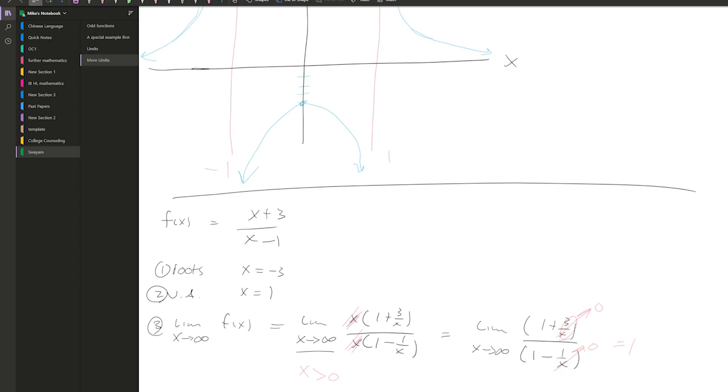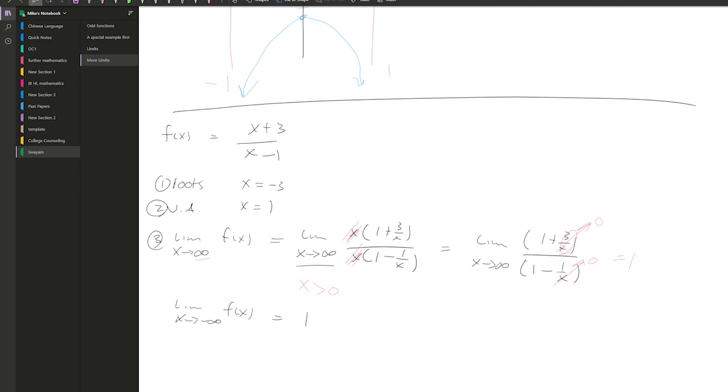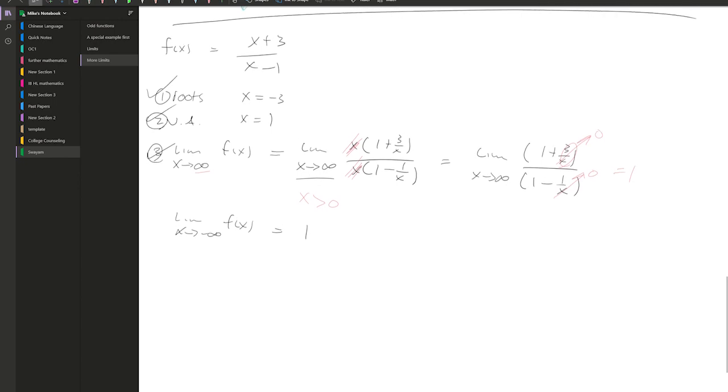Okay, so I have a horizontal asymptote of 1 when I go to infinity, and now I'm checking out the limit as x goes to minus infinity of f of x, and through the same process we also get 1. Okay, so far so good. I have roots, I have a vertical asymptote, I have this limit, and so I know that I have one more thing to check, which is for that area around 1.